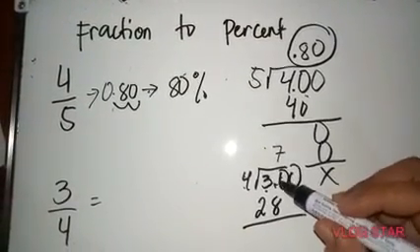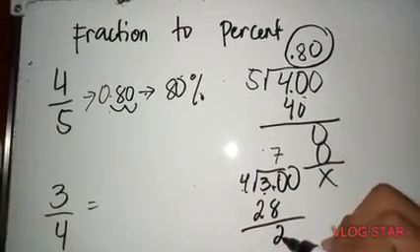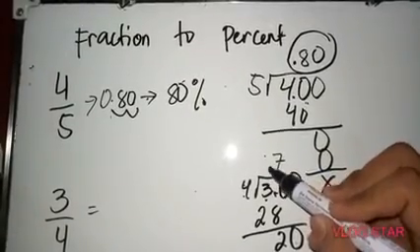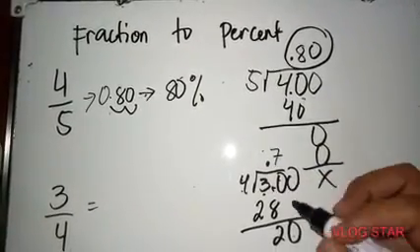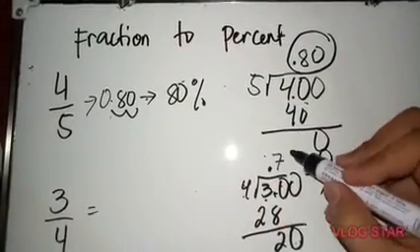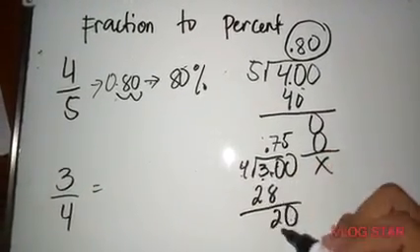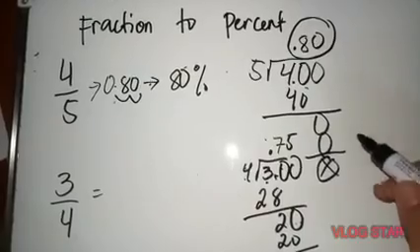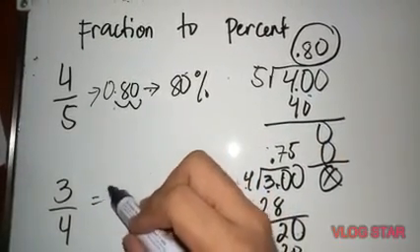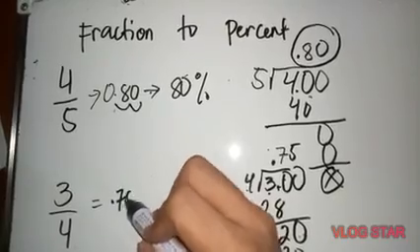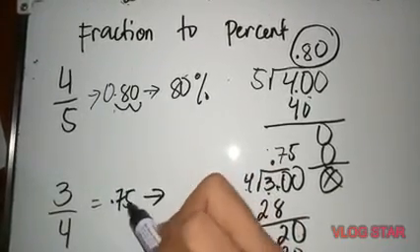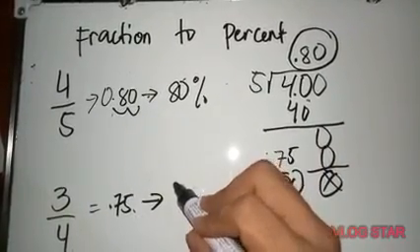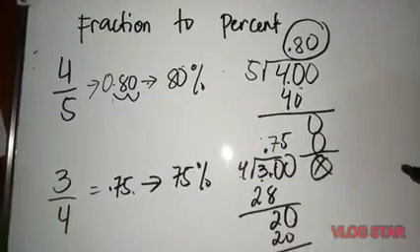Then subtract 30 minus 28 is 2. Then bring down another 0. We have a decimal point here because we just added these 2 zeros. So 20 divided by 4 is 5. 5 times 4 is 20. So no remainder, or 0. Then this would be in decimal. This can be written as 0.75. Then to write it as a percent, just move the decimal point twice to the right. Then this would be 75%.